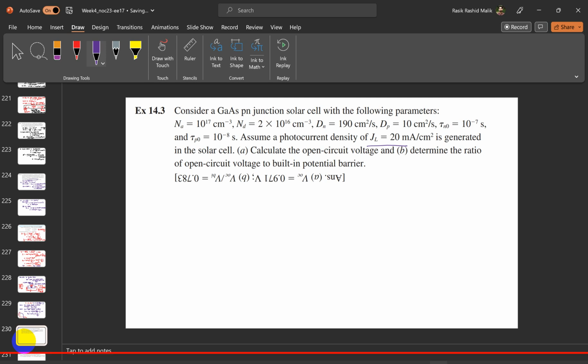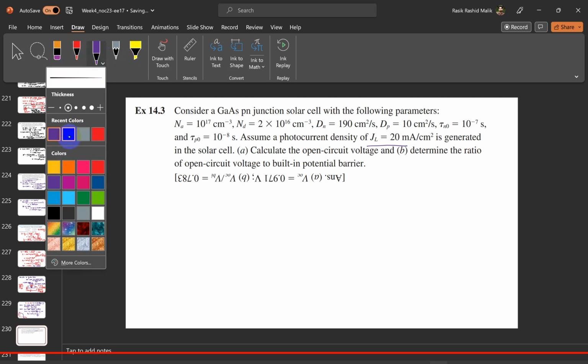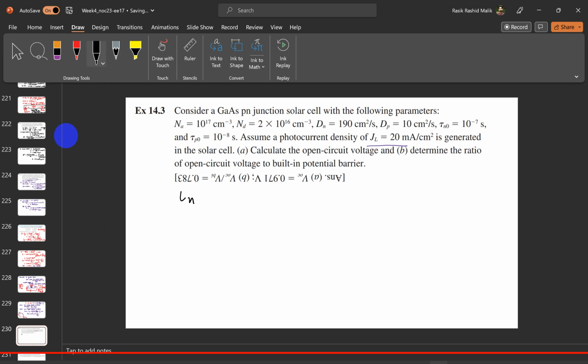So as in the previous question, we can calculate Js first. Before Js, we can calculate Ln, that is simply square root of Dn tau n0, that is equal to 190 into 10 to the power minus 7.